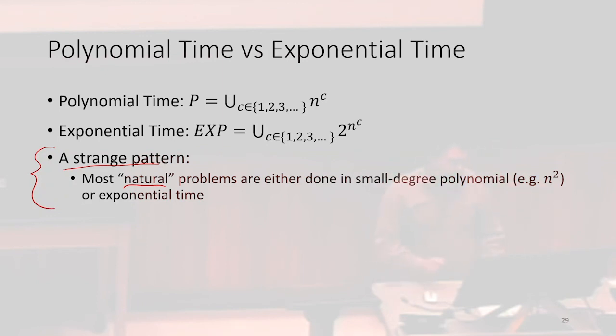But it turns out that most of the natural problems we see are either solvable using a small degree polynomial, like n squared, n cubed, or else they're going to require exponential time, like 2 to the n, or n factorial. We don't see many things in the wild that are in between. We don't really know why. We don't have a super great intuition for why, but that seems to be how things go.